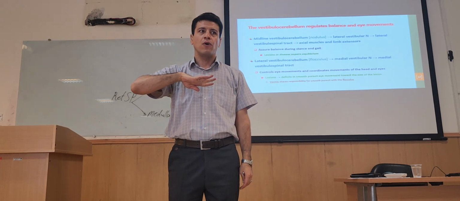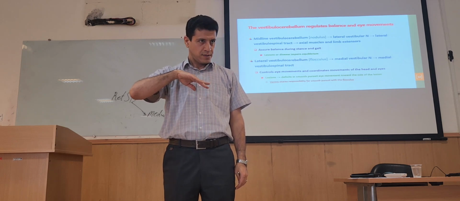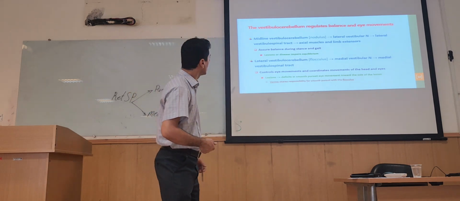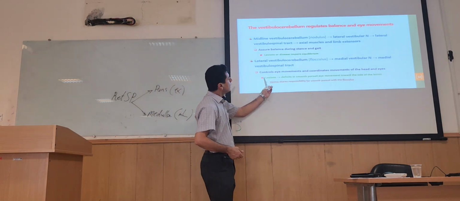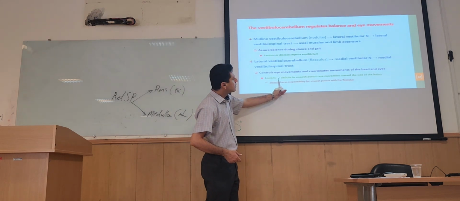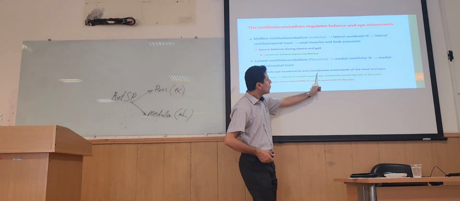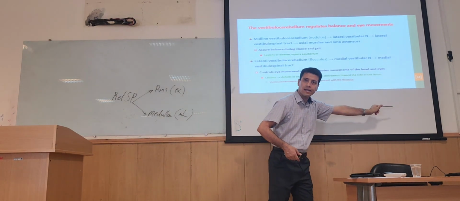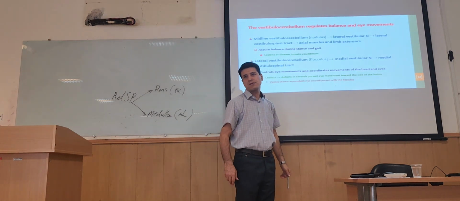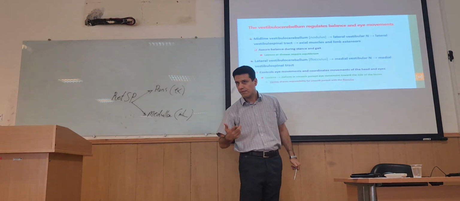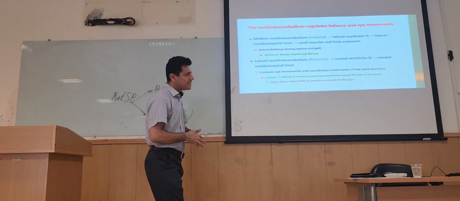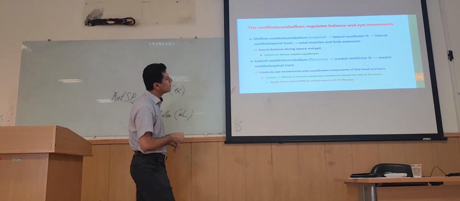That's important for eye movement and neck movement. Okay? So it controls movements of eyes and coordinates movements of the head and eyes. So whenever eyes go this way, head also goes this way.